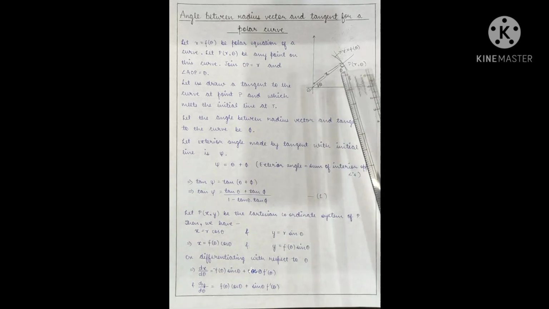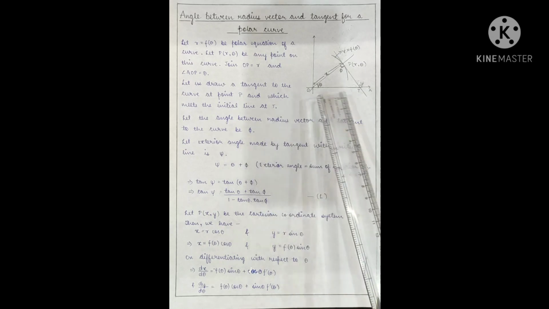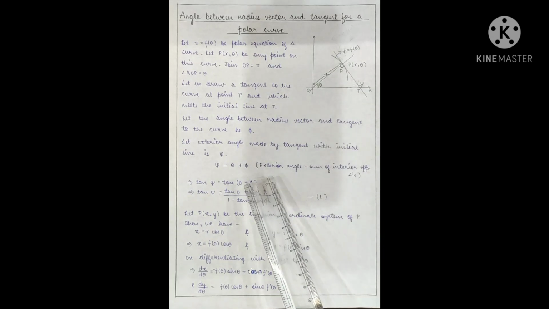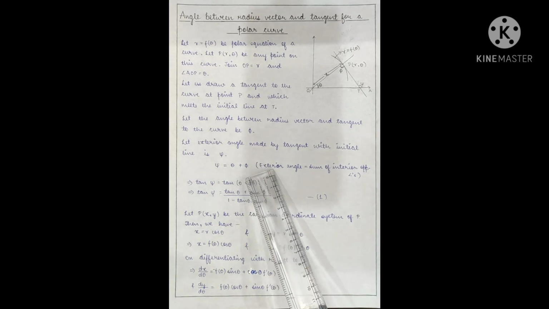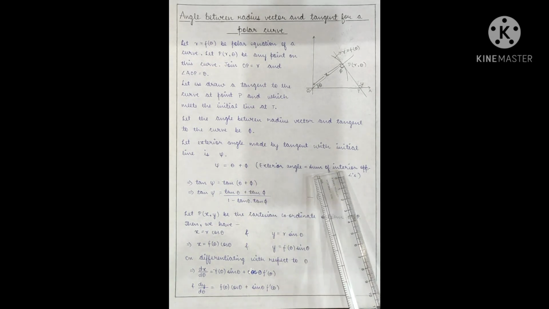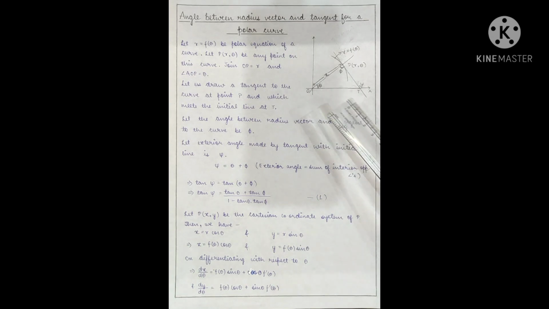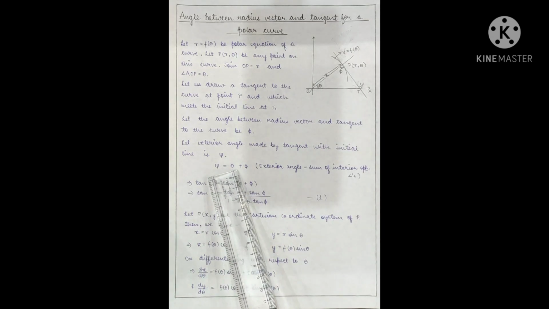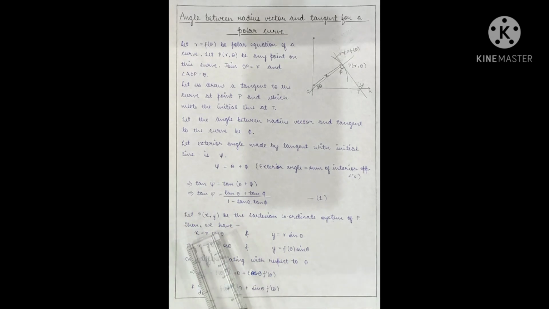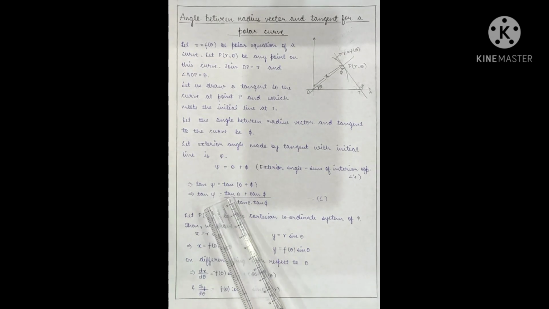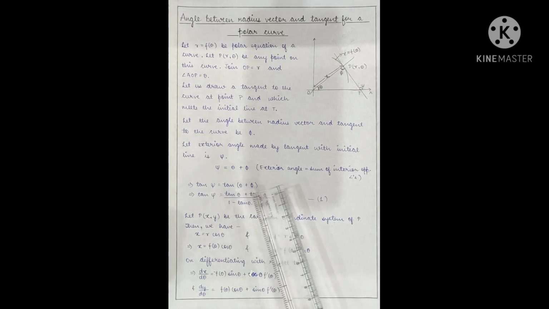Psi is the exterior angle, which equals theta plus phi, as we know the property that an exterior angle equals the sum of the interior opposite angles. So psi equals theta plus phi. Now we have to calculate tan psi, which we can write as tan of theta plus phi.